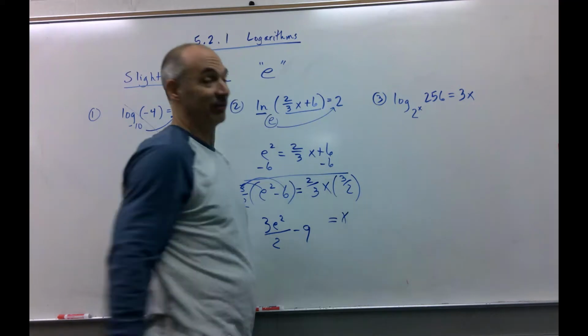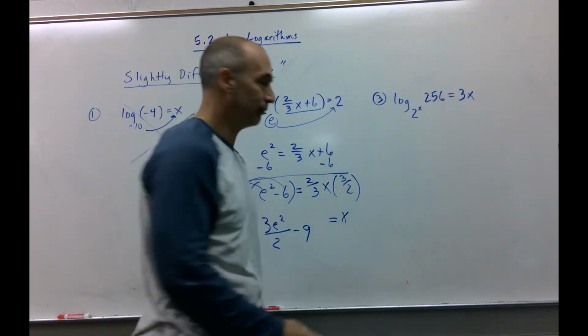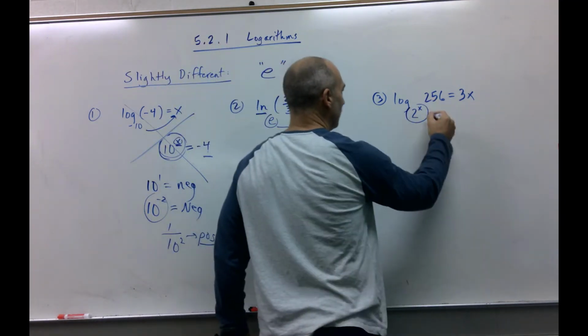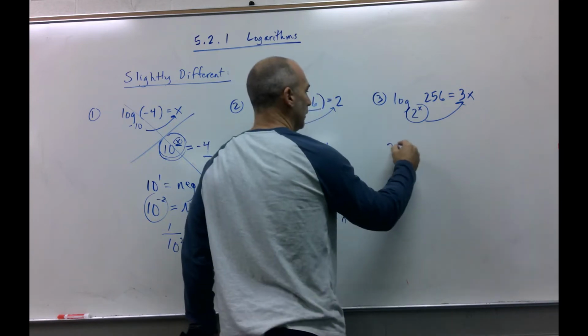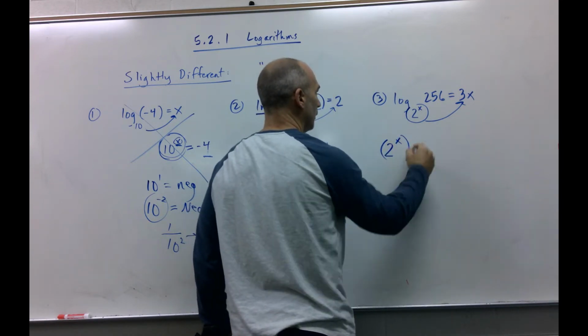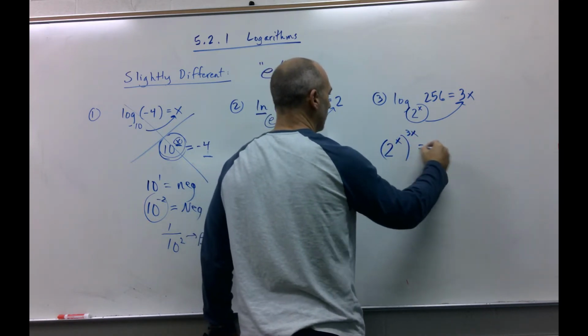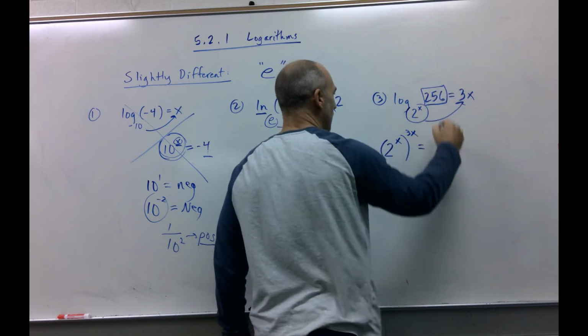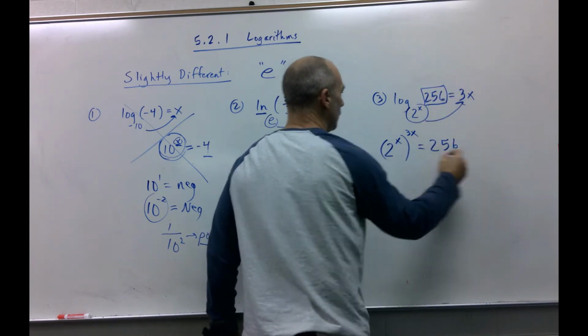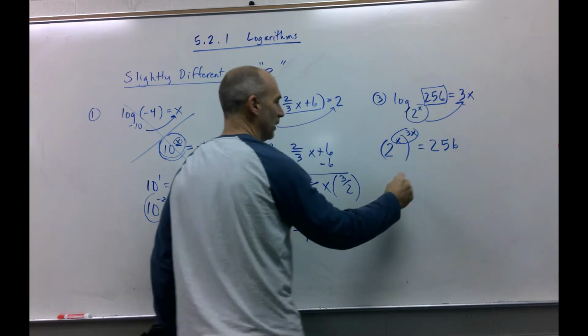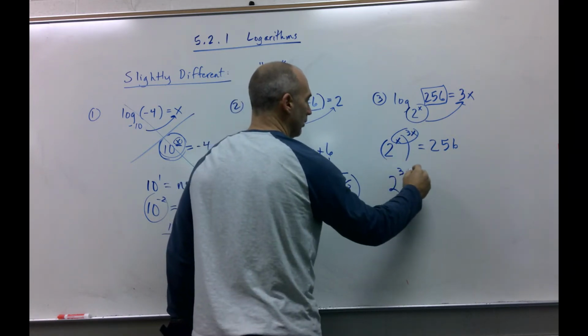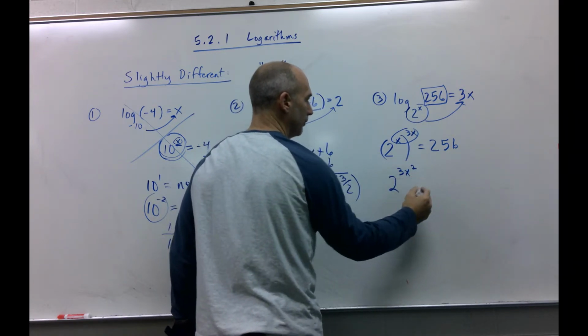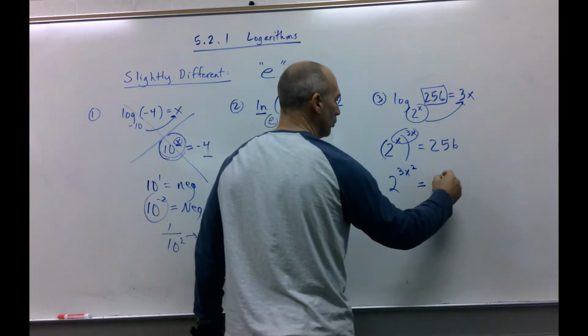Mr. Nasty, don't panic. Base, exponent. So it's 2 to the x to the 3x equals whatever's in my answer spot. Well, I got a power to a power situation there, so I multiply 3x squared equals 256.